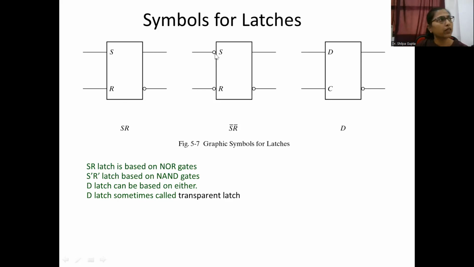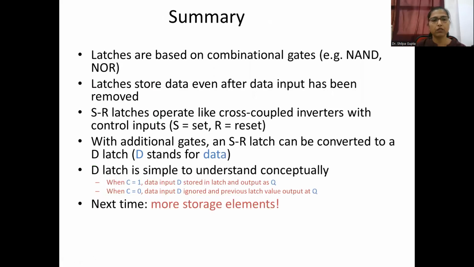So we have put a bubble at the input also, and the outputs are Q first and Q bar second. Third is the D flip-flop, which is basically what we discussed in the previous slide. There is a clock or timing signal and the D input, and one output Q, and another is the complemented form of Q.